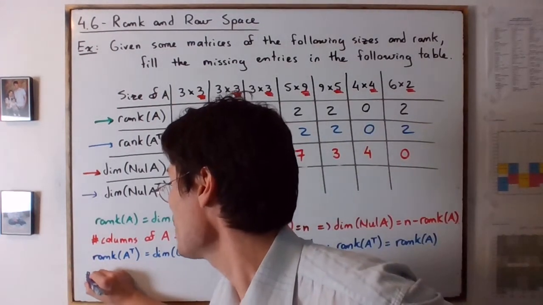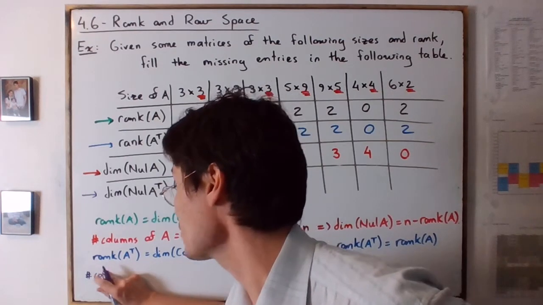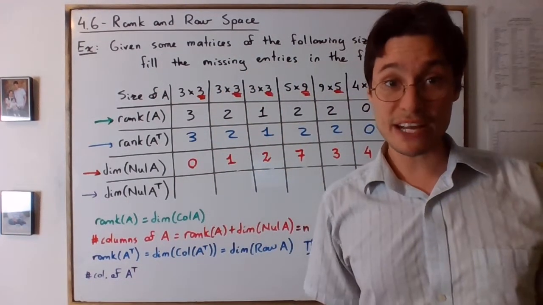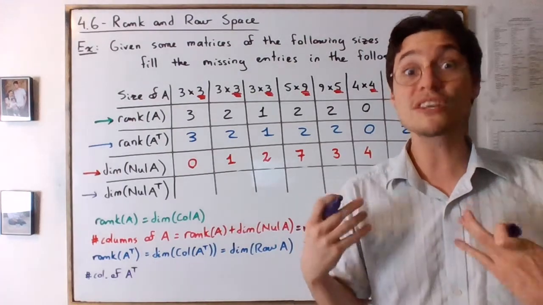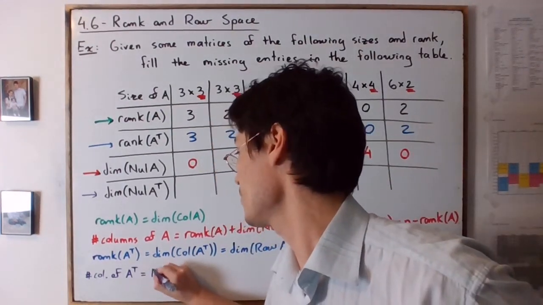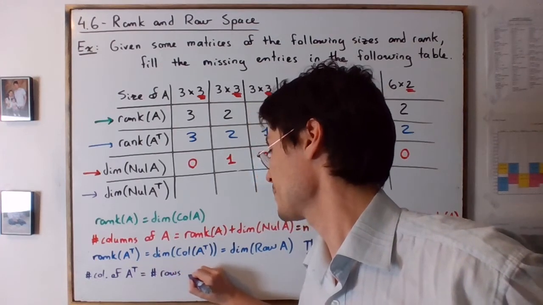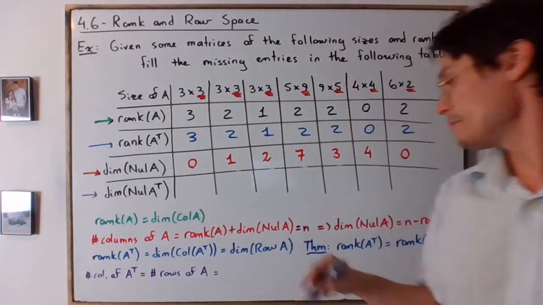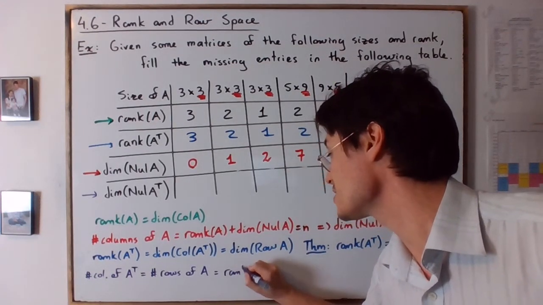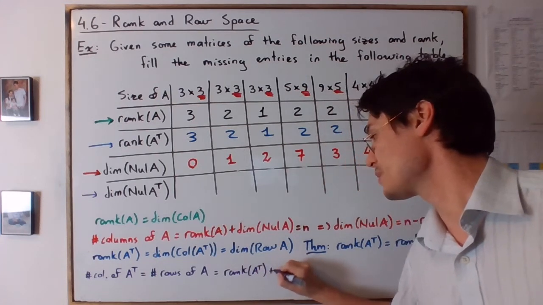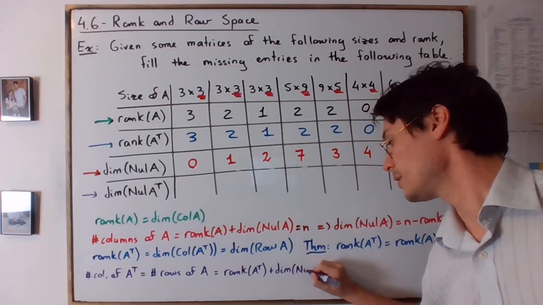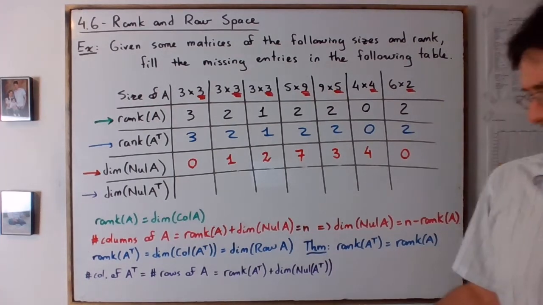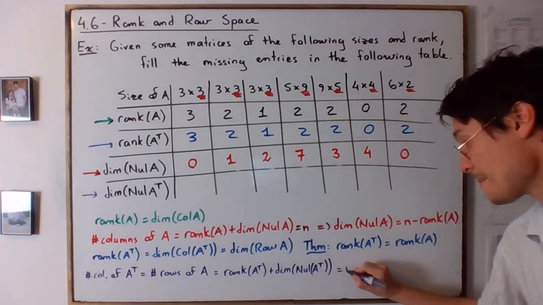The number of columns of A transpose is the number of rows of A. And this is equal to the rank of A transpose plus the dimension of null A transpose. There you go, which is equal to m.